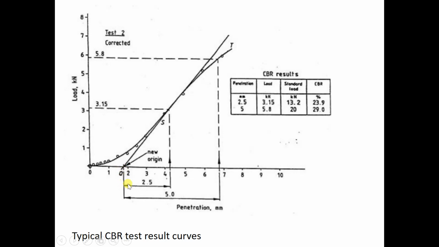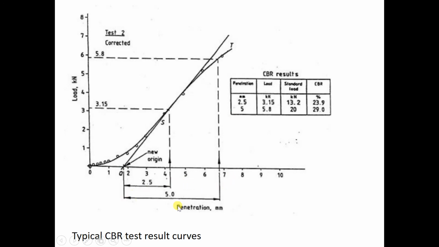From this point on the extrapolated straight line, we measure off 2.5, draw a line vertically and then go to the left, and this gives the loading of 3.15 for 2.5 mm, because it is from the extrapolated origin.